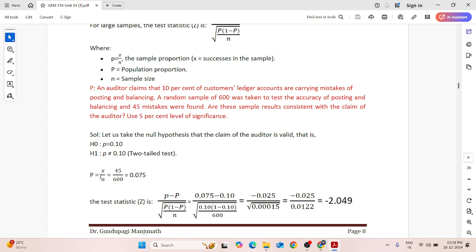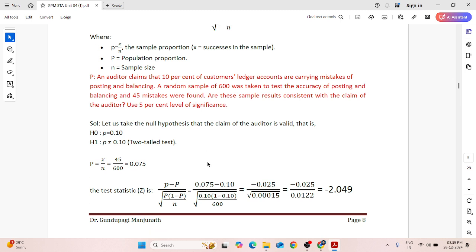So small p is x by n. Here 45 mistakes were found out of a 600 sample. So the proportion is 0.075.